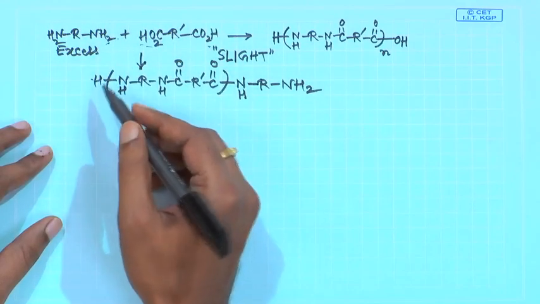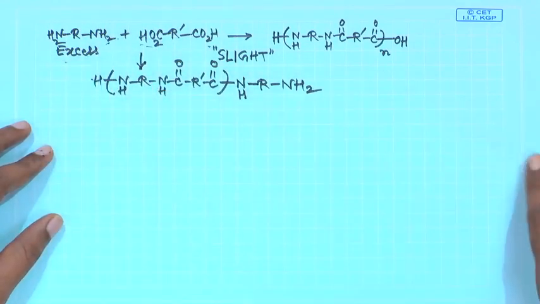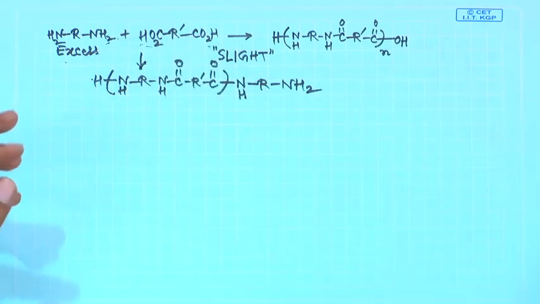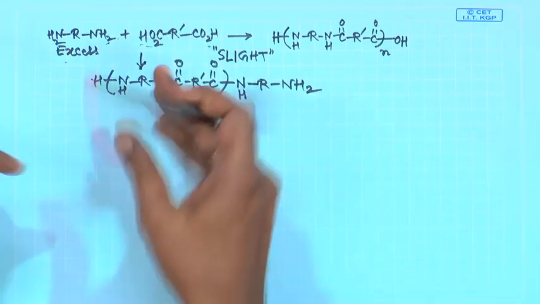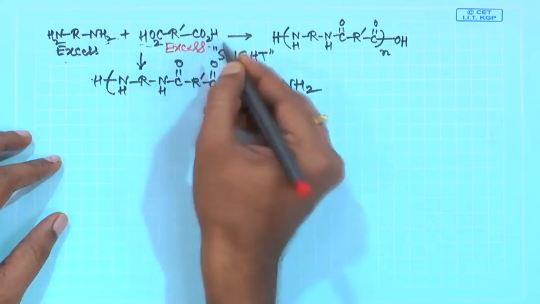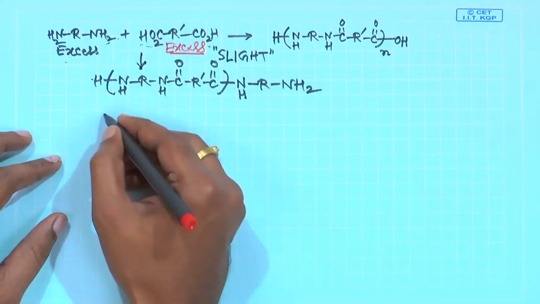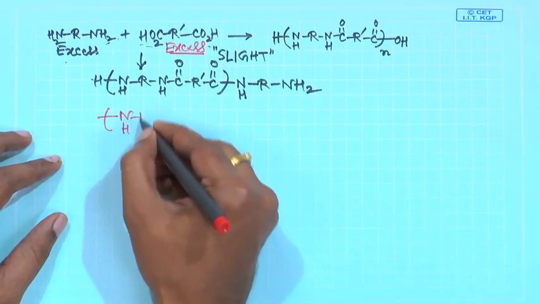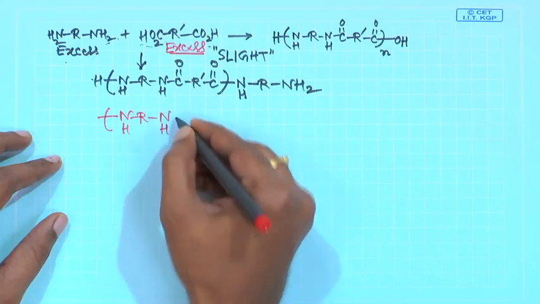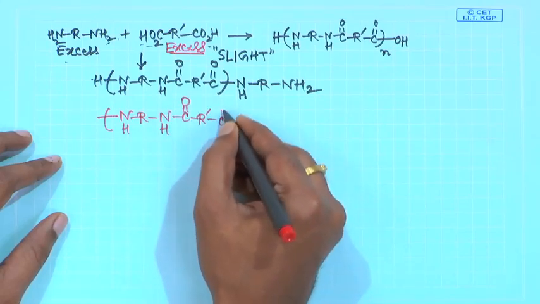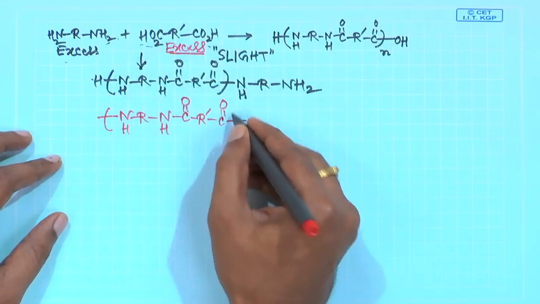If instead of this, you had an excess of this particular moiety, say you have a dicarboxylic acid which is in excess, then what will be the product? Again you draw the same repeat unit here, now both ends will end with acid.